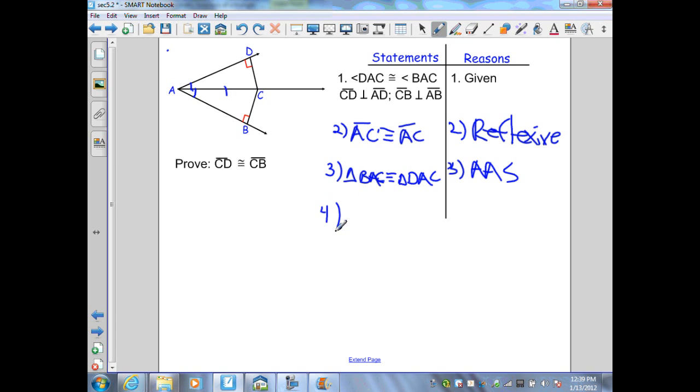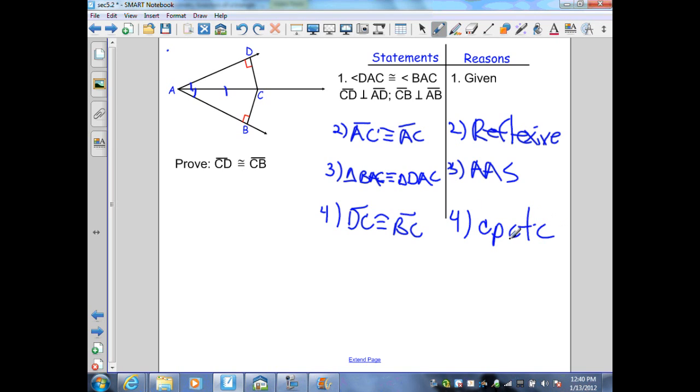Step 4. Now I can state that DC is congruent to segment BC by CPCTC, corresponding parts of congruent triangles are congruent.